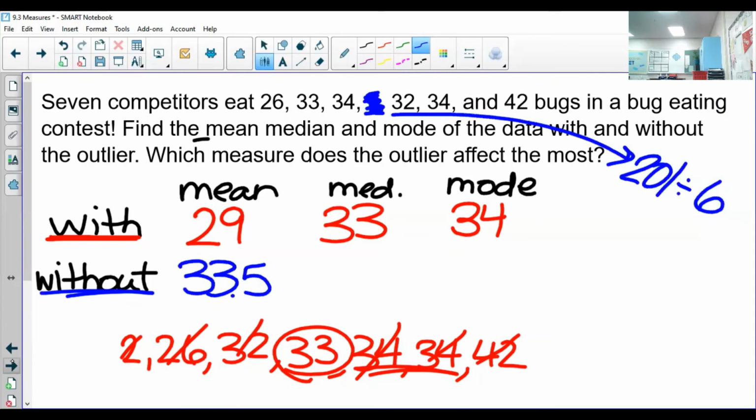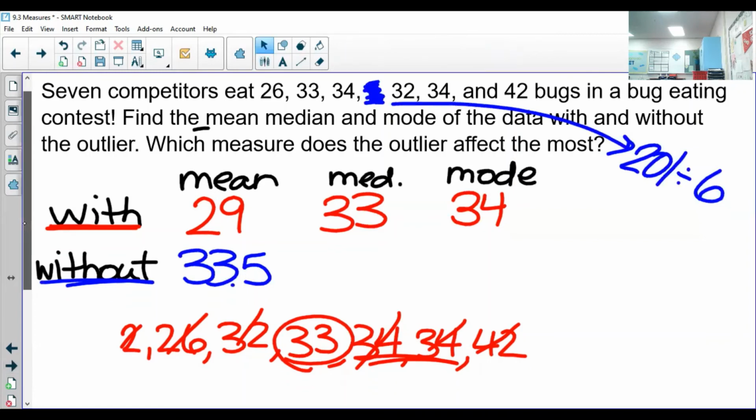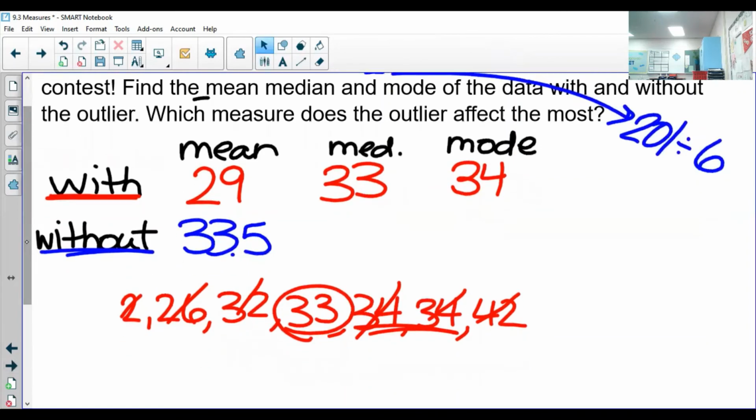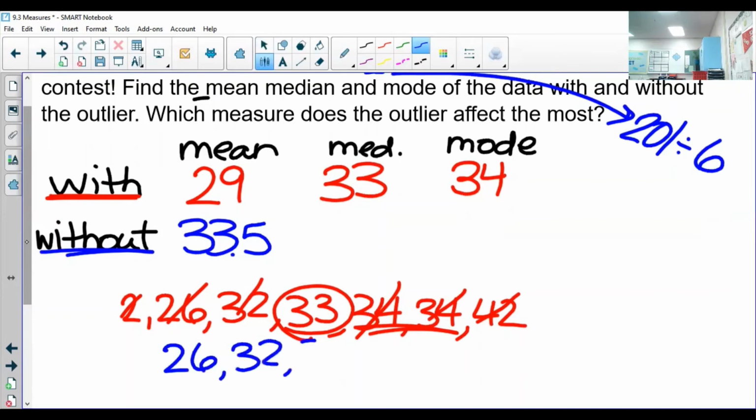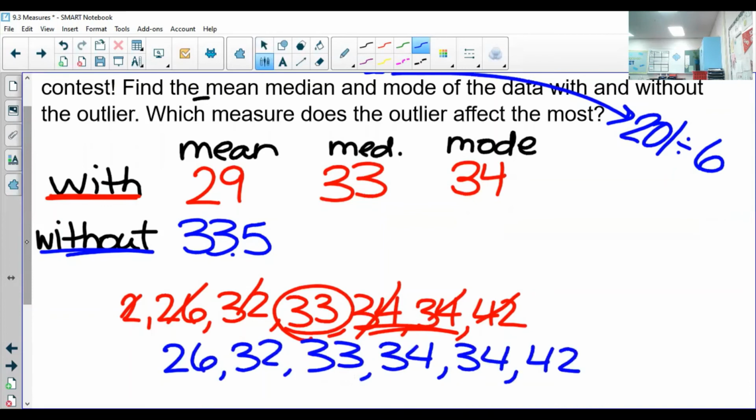All right. Here's what we're going to do. We have to keep our numbers in order from smallest to biggest, but this time we're not using the outlier. So I'm just going to rewrite everything and just skip the 2. Okay? So we're going to start in the front and the back, and the front and the back.